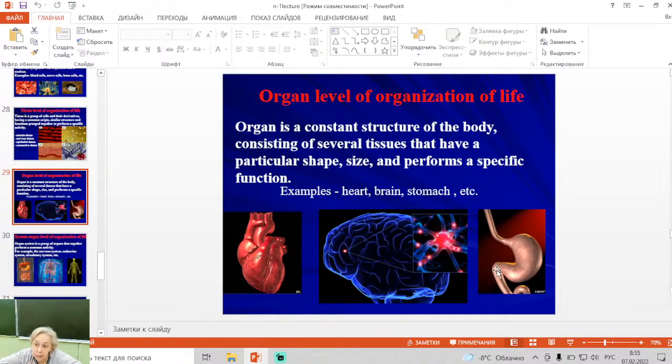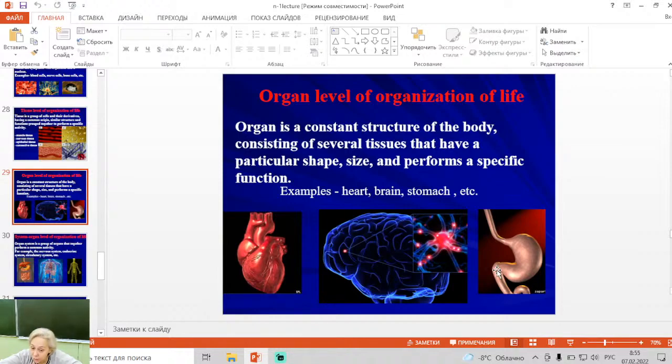Blood vessels are connective tissue. Skin includes nerves. Nerve is nervous tissue. So skin includes epithelial tissue, muscle tissue, connective tissue, nervous tissue. So skin is an organ.